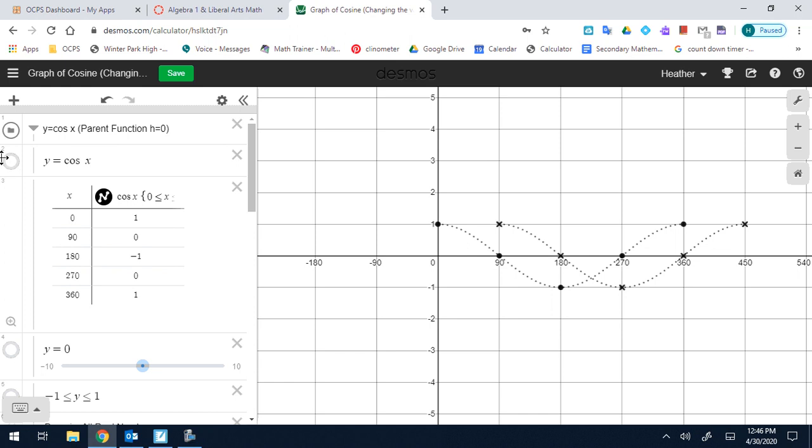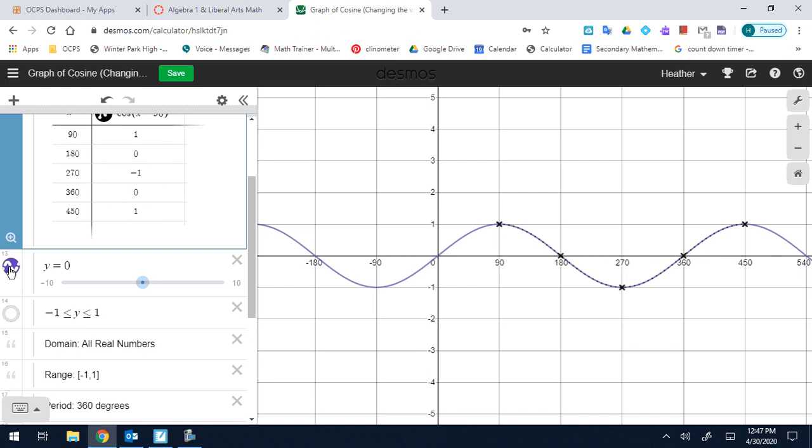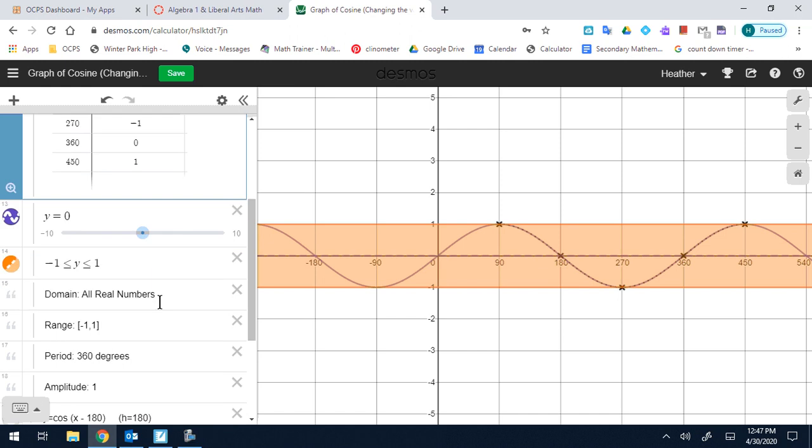Okay, so those horizontal shifts, or the horizontal translations, which we are now going to call a phase shift, are a little harder to see sometimes. So if you just look at that 0 to 360, the whole thing got moved over 90 degrees. Okay, so let's take a look at what changed when I did that. My midline did not change. My range did not change.